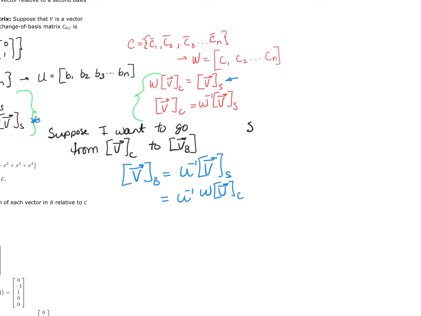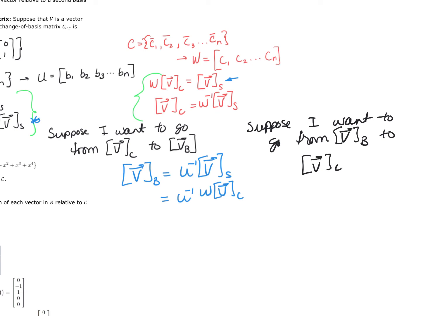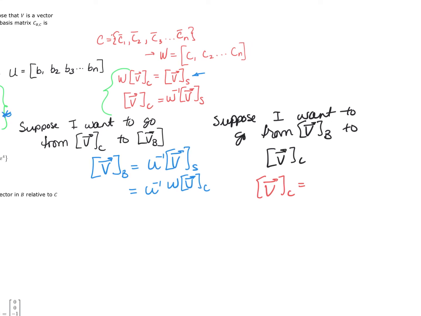So that means that if I want to go from my vector with respect to B to my vector with respect to C, using the same kind of logic, then my vector V with respect to C must be equivalent to W inverse multiplied by my U matrix multiplied by that vector that's given to me with respect to B. So we don't have to go through all those shenanigans to do my linear combinations and writing it in terms of the vector representation.